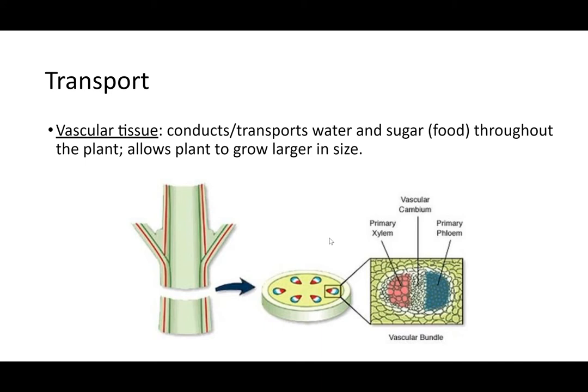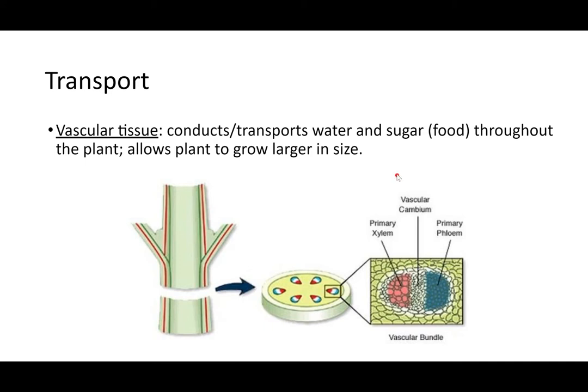We mentioned in a previous video that angiosperms, gymnosperms, and ferns, because they have vascular tissues, are able to grow vertically from the ground and to become very tall because they have these tissues that are able to transport water from the roots up to the leaves and then sugar from the leaves down to the roots.